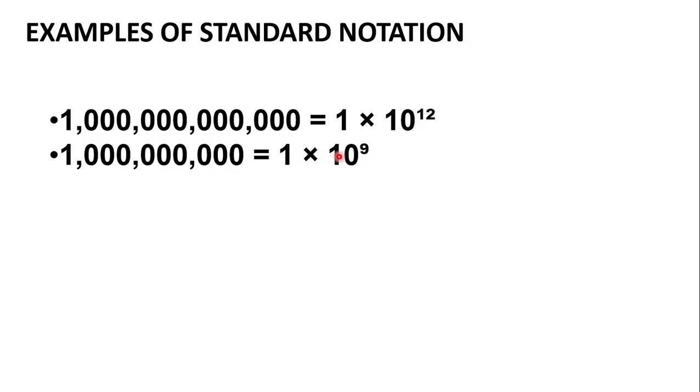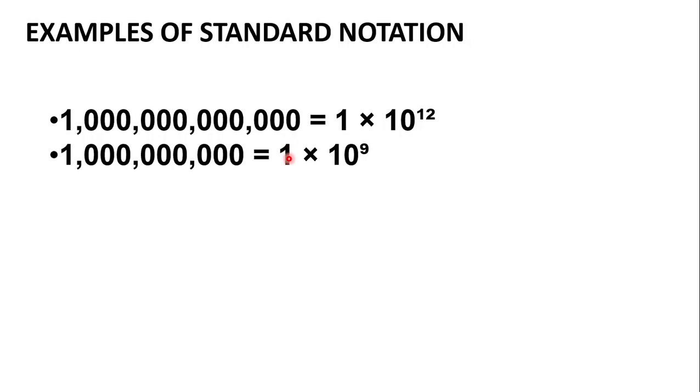So this is the standard notation of this number here. Instead of writing a number with a lot of zeros like this, just write 1 times 10 to the power 9. So this is the standard form. And the first number here is a number that lies between 1 and 10, including 1 itself.